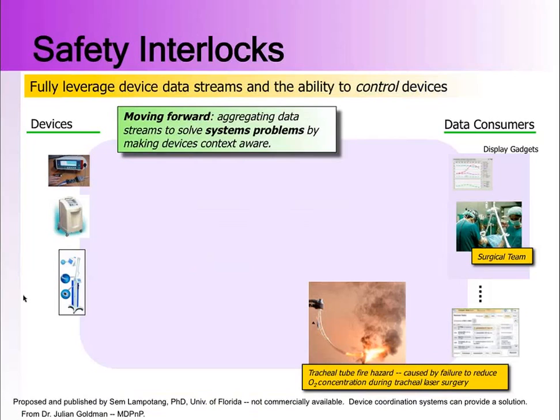So, this slide has a really interesting but somewhat horrifying situation that occurs when you're doing throat surgery on a patient, where you have a laser that's cutting some sort of problem area or cauterizing it in the patient's throat. And in that situation, you usually have an oxygen tube that's going down the patient's throat because the patient is under sedation. And of course, if you mix laser, heat, and oxygen, there is a fire hazard.